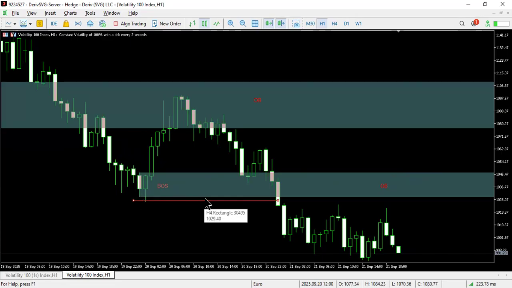And it's looking like all my confluences are intact. Break of structure, order block present, and our FVG is also present.